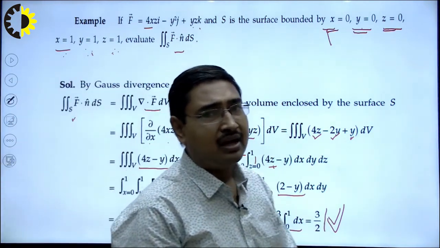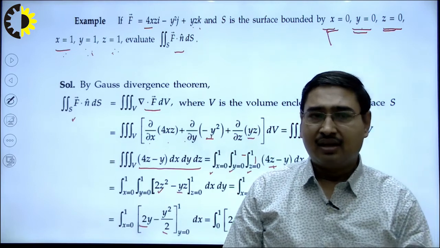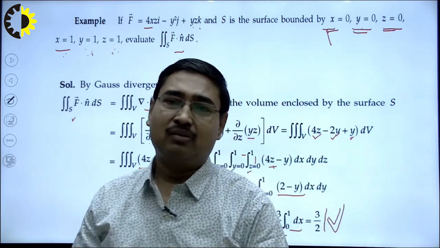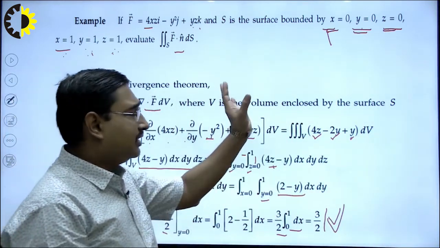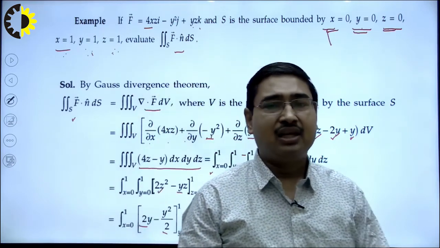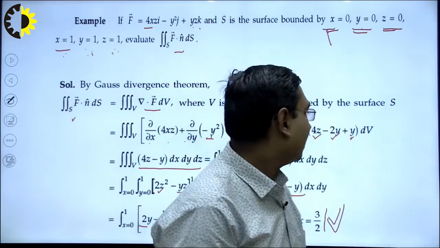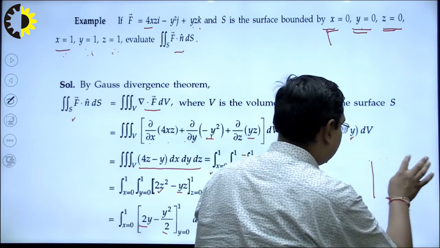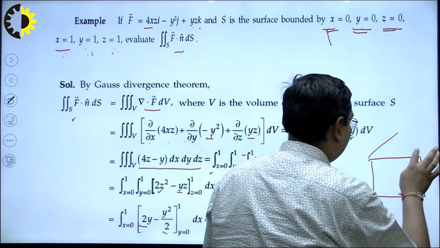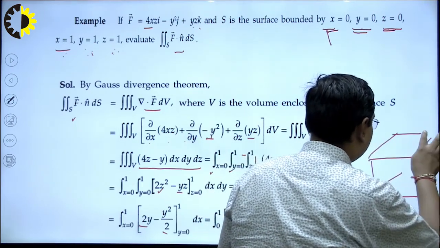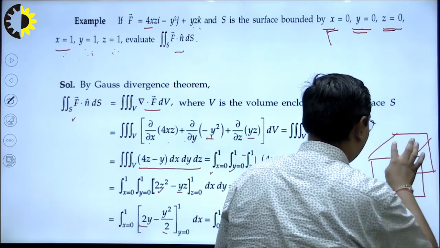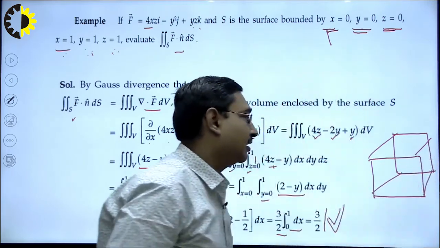In this problem, we can again see how useful the Gauss divergence theorem is, because there are 6 faces in the given cube. If I use this Gauss divergence theorem, then we can easily find the value of the surface integral.